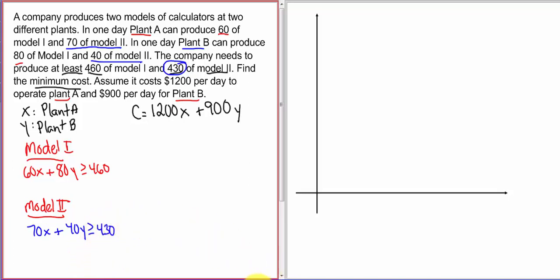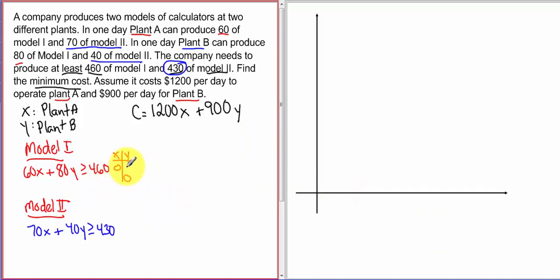Now again, you have to trust me. Graph by using intercepts, so make your intercept chart for each one of these. The graph doesn't have to be perfect, it just gives us an idea of what the graph looks like when we graph it on our calculator.